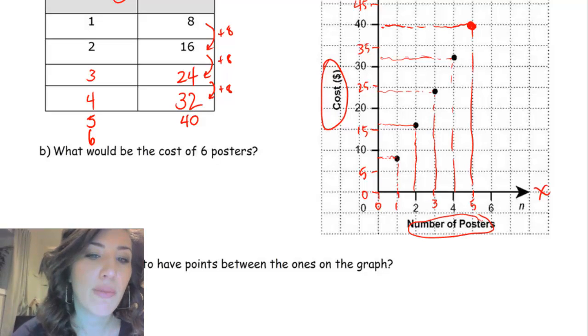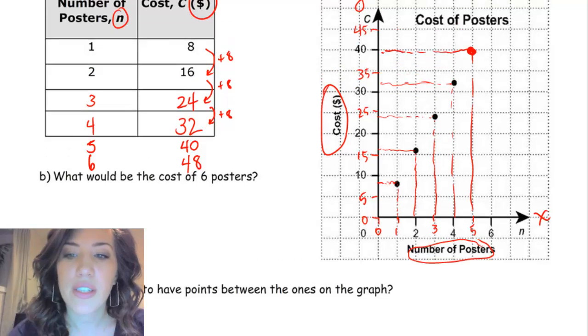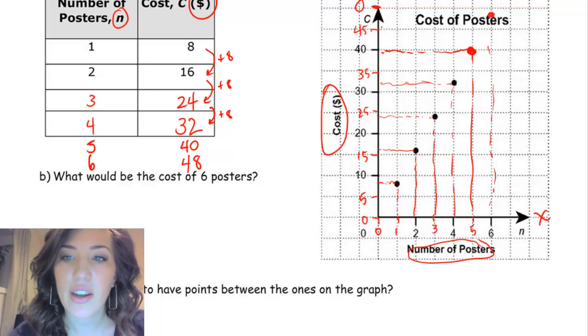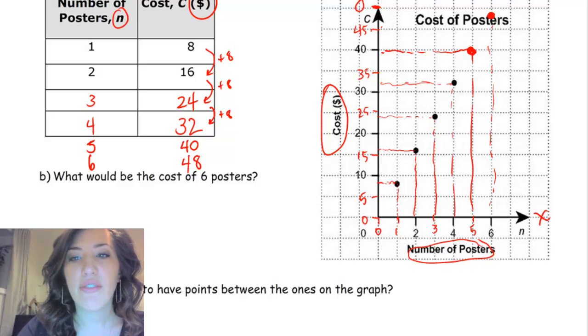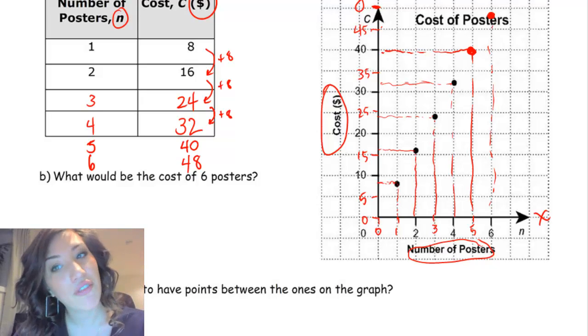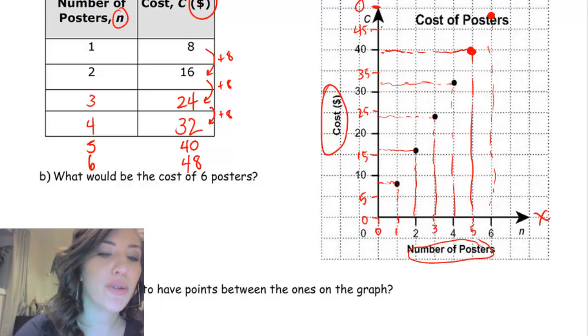And for 6, if we go up by another 8, we get 48. So we go up our 6 and go, here's 45. This one would be 50, so it's going to be right about there for number 6. That would be about 48. So we can see from the graph that we can estimate even further, or even down the other way, and we see that 6 posters cost $48.